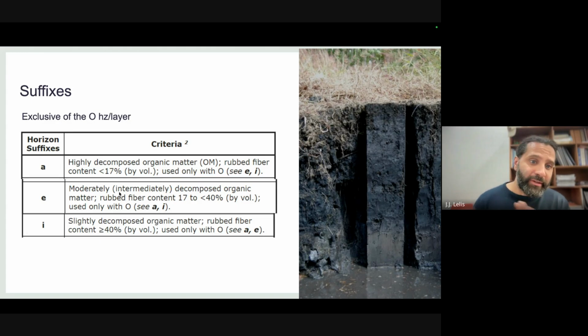So I don't need to check by friction the content of organic matter, or try to measure how highly or slightly decomposed that material is. I will only do that for horizons and layers that have a high organic carbon content, low density and very dark colors. Okay.